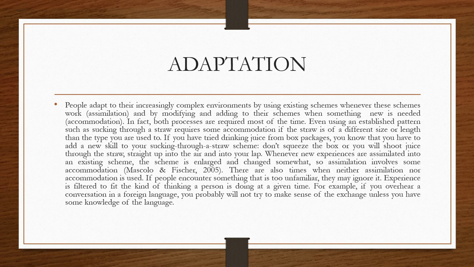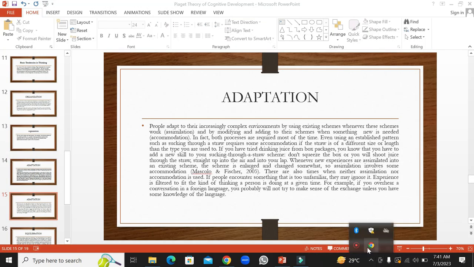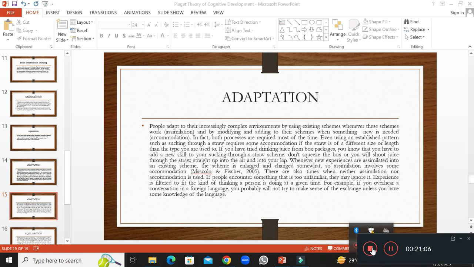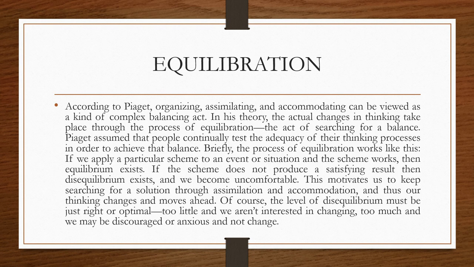For example, if you overhear a conversation in a foreign language, you probably will not try to make sense of the exchange unless you have some knowledge of the language. Okay, so this was the thing, and now equilibration.